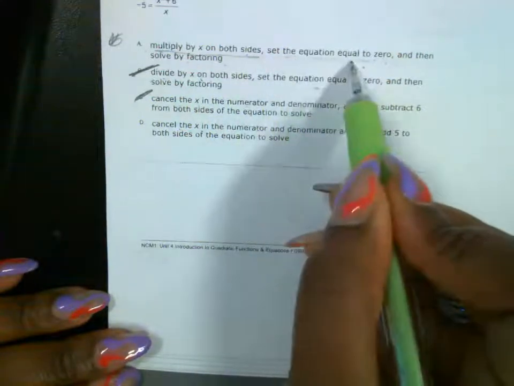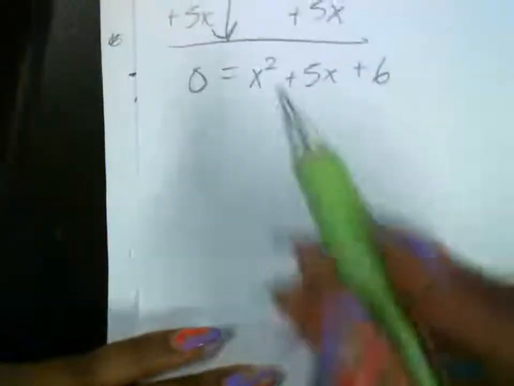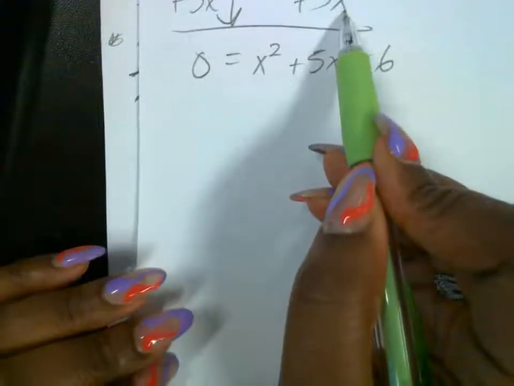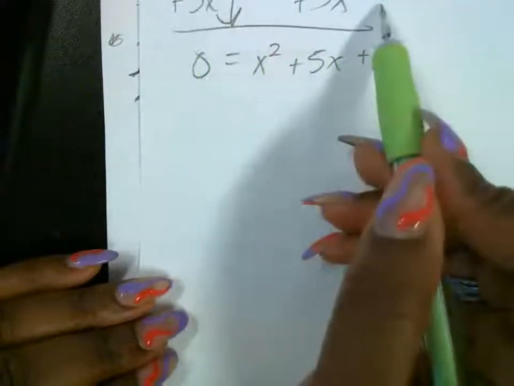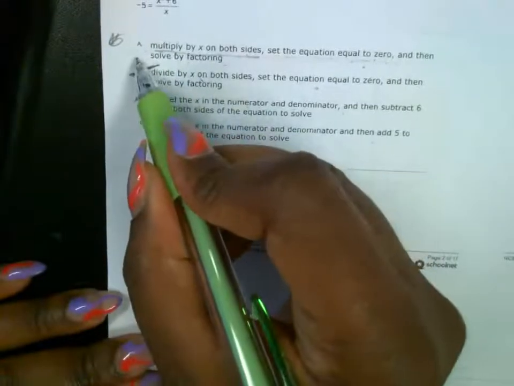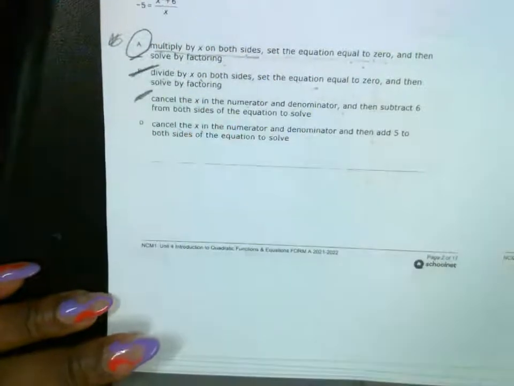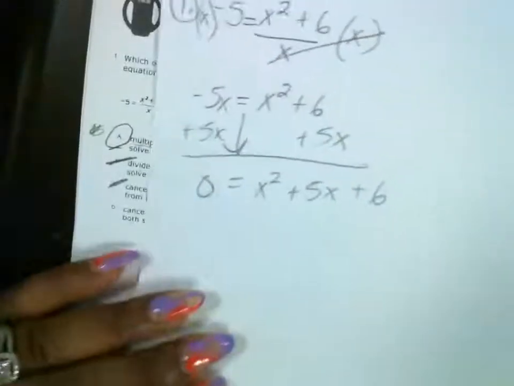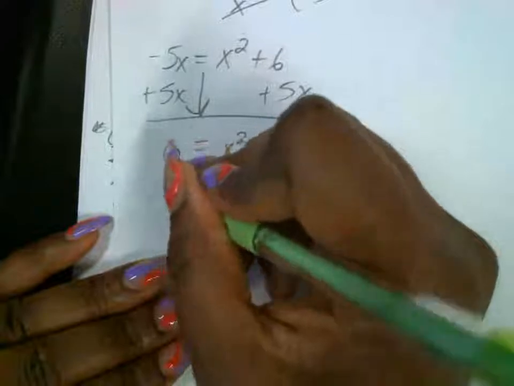In setting the equation equal to 0, you need to move the 5x to the other side. They didn't say it how I would say it, but that's the best answer. So on my paper, I'm going to put A because that's the best answer.